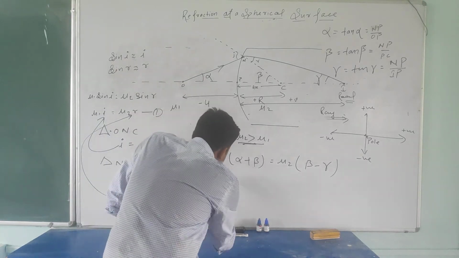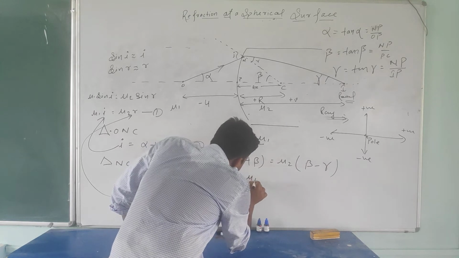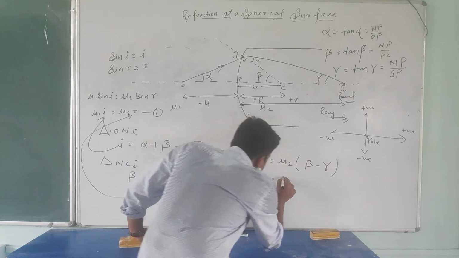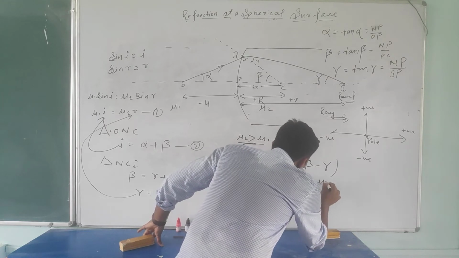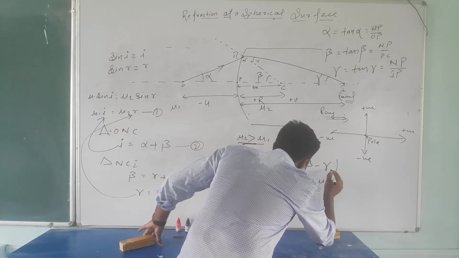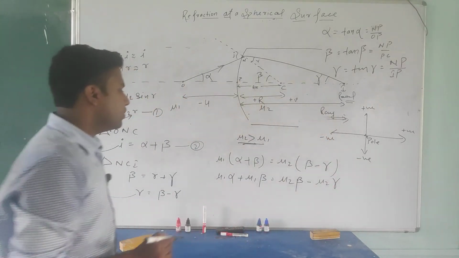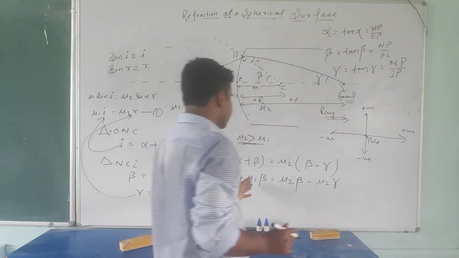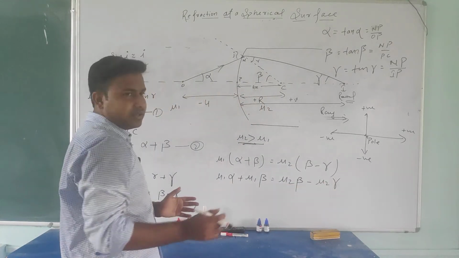So here we can write, mu1 into alpha plus mu1 into beta is equal to mu2 into beta minus mu2 into gamma. Now I am taking beta one side and alpha, gamma on the other side.